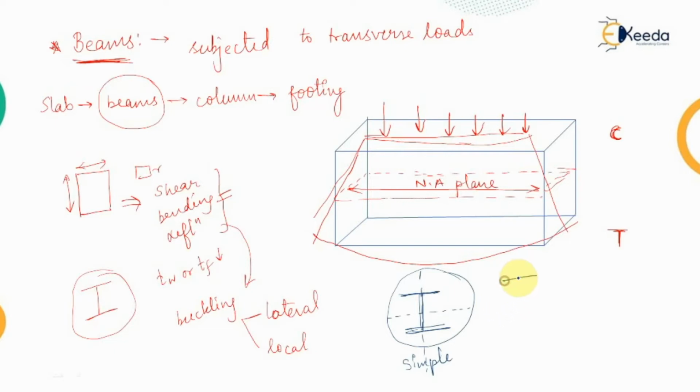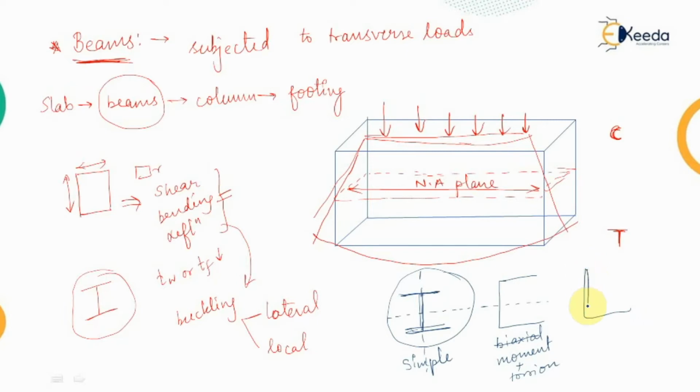Now if the section has only one axis of symmetry, as in the case of a channel section, we see that in these cases we will have biaxial bending depending upon the position of the load, or there may be a bending moment along with torsion because of the eccentricity changes.